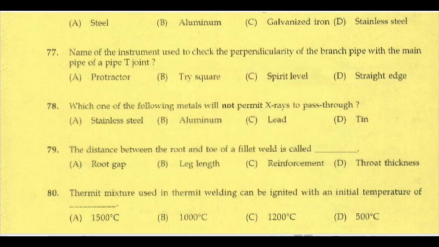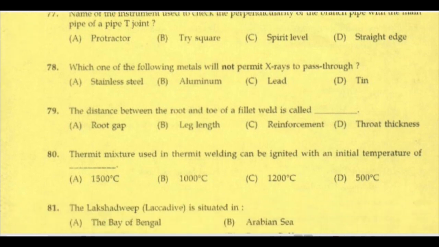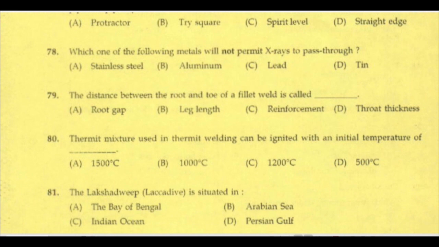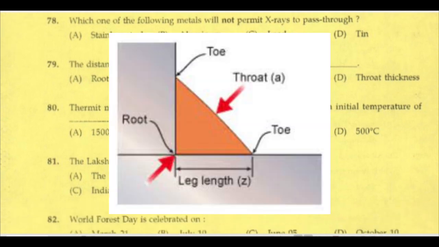Which one of the following metals will not permit X-ray to pass through it? Answer is lead. The distance between the root and the toe of a fillet weld is called leg length.